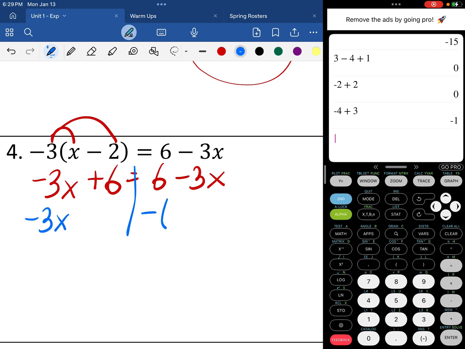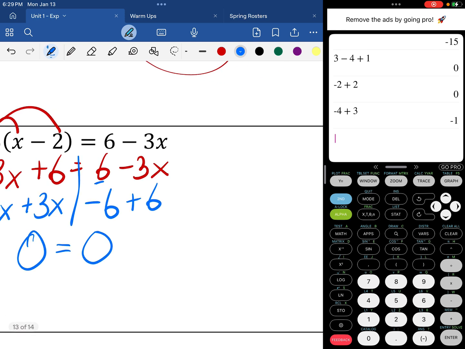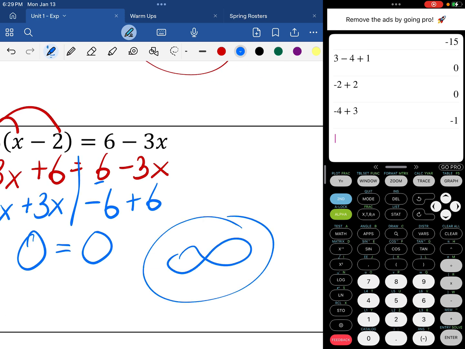Plus 6, he becomes a negative 6. This other positive 6 right there stays a positive 6. And then the negative 3x becomes a positive 3x when we slide him over. Negative 3 plus 3, that's 0, equals negative 6 plus 6. That is also going to be 0. So that means our answer is infinity solutions, or infinite solutions.